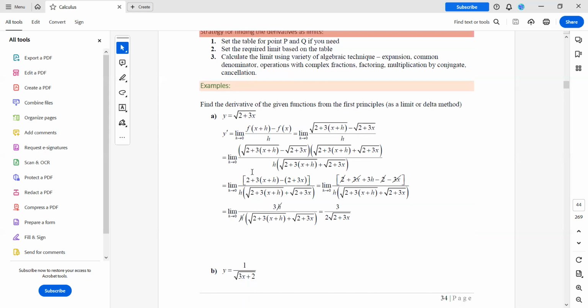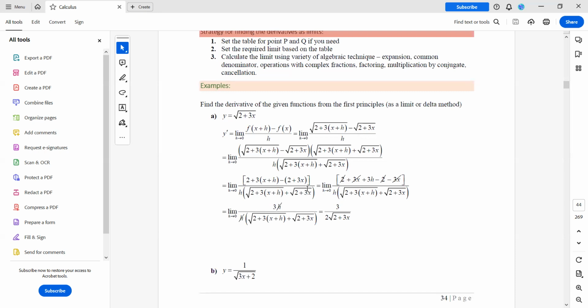So once I do that, I'm going to have the limit as h goes to 0 of 2 plus 3 open bracket x plus h, minus 2 plus 3x, because this cancels out. If you multiply this, the square root cancels out, so you're left with just one of these, minus the same thing happens here, the square root of 2 plus 3x times the square root of 2 plus 3x, the square root cancels out, so you're left with one of these, over h open bracket square root of 2 plus 3 open bracket x plus h plus the square root of 2 plus 3x.